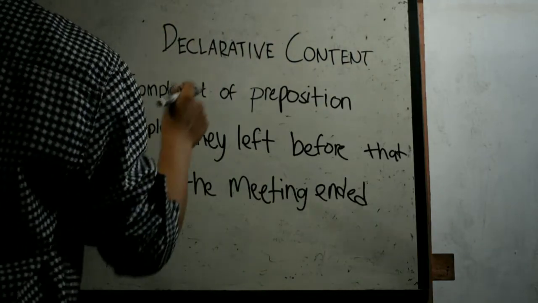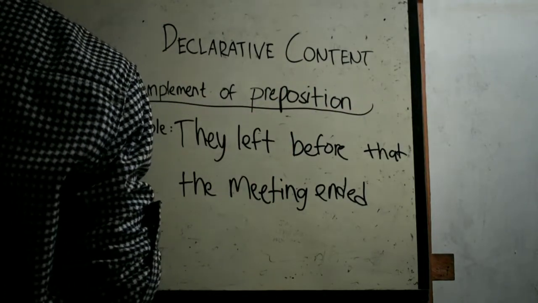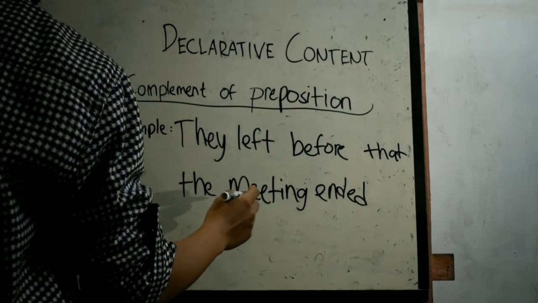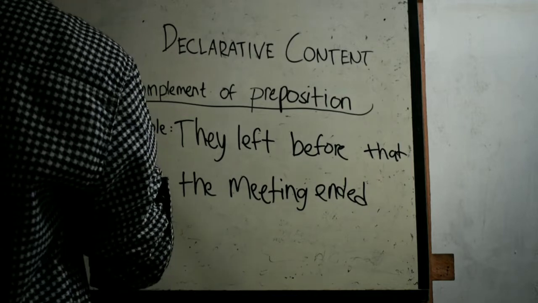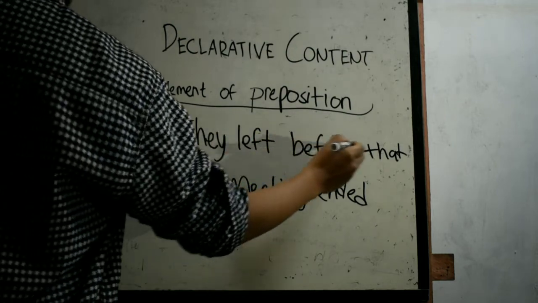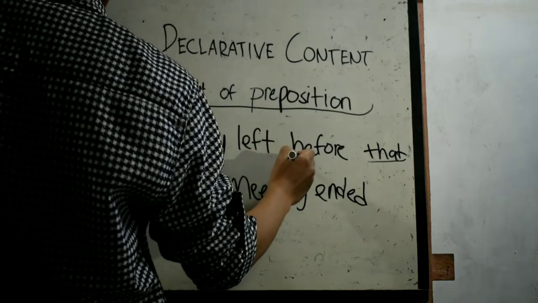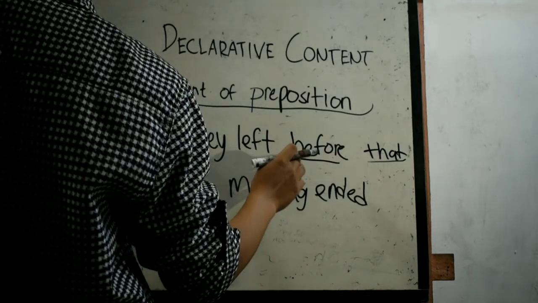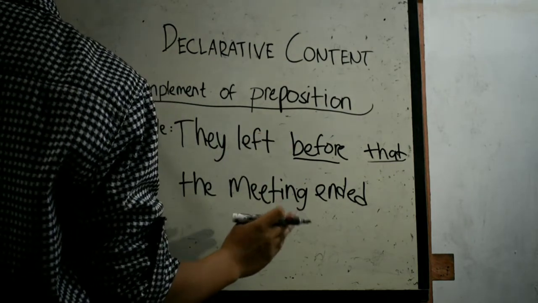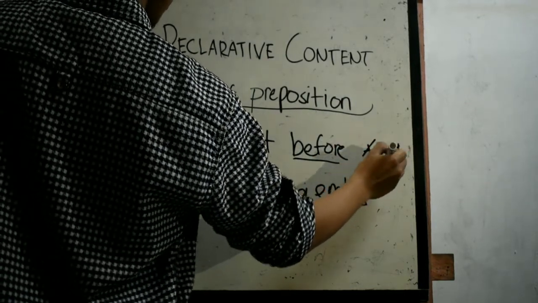The next topic in declarative content is complement of preposition. As an example, they left before the meeting ended. In this sentence, why do I write subordinate that? Because before is a particular preposition. This is like the previous topic about subordinate that, which is inadmissible, so we can omit that.